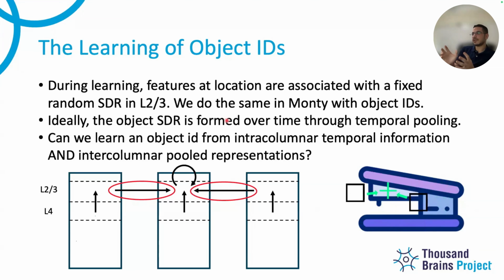The high level idea, I'm not talking about the mechanism yet, is that whatever we form here will have some embedded information of what the neighboring columns are seeing. And just as a side note, this representation here is also formed by the neighboring columns, so they're all being informed by neighboring columns at the same time.